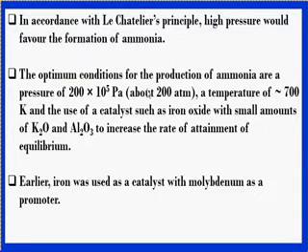The optimum conditions for the production of ammonia are a pressure of 200 into 10 raised to 5 Pascal, that is 20 megapascal, or you can say 200 atmosphere, and a temperature of 700 Kelvin, and the use of catalysts such as iron oxide with small amounts of K2O, that is promoters, and Al2O3 to increase the rate of attainment of equilibrium. Earlier, iron was used as a catalyst with molybdenum as a promoter.